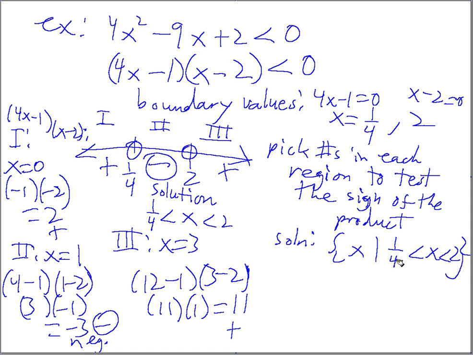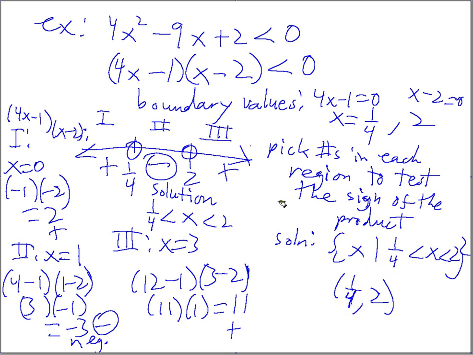So all real numbers between 1/4 and 2 will make this product less than 0, and that's what we want in terms of the solution. Now, what about interval notation? Well, just parentheses 1/4, comma, 2, parentheses. No big deal for interval notation. Either notation you should be familiar with by now.